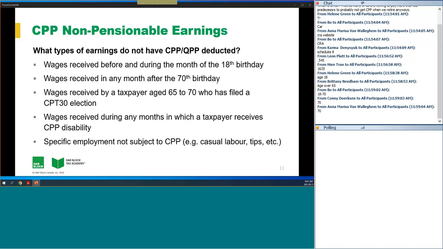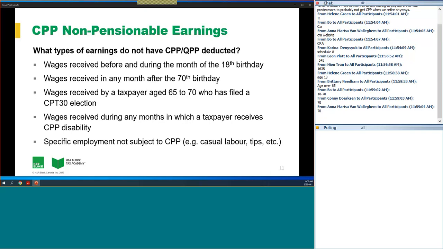He was a person who was temporarily here from Ireland, but he'd been working in Canada and was a resident for tax purposes. And so his employer deducted CPP, and he didn't think his employer should have deducted CPP because he's never going to collect CPP because he's not planning on staying in Canada when he retires.